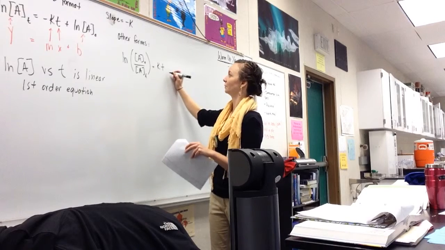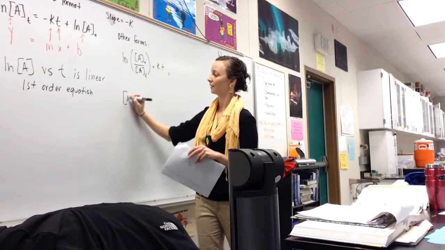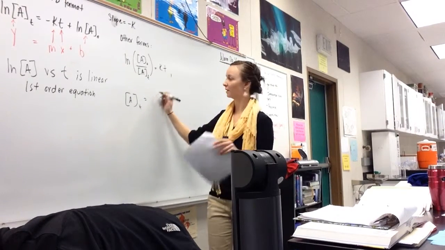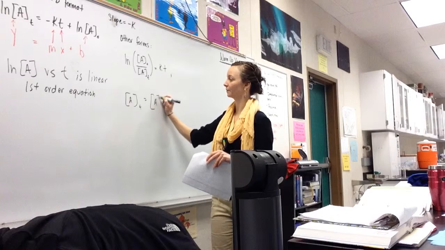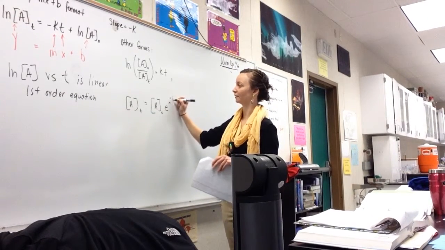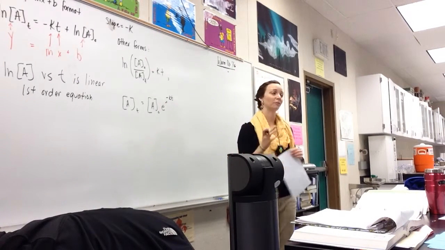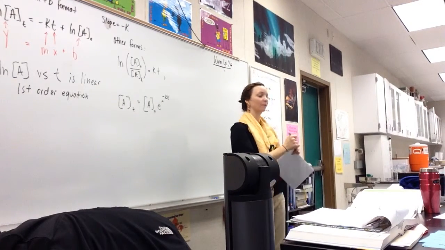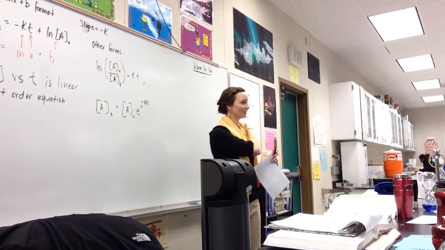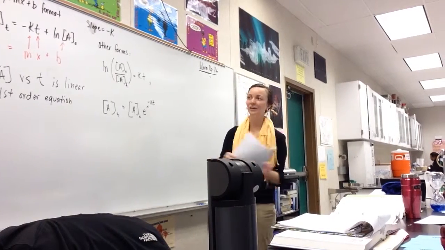And one other version that you might see is the concentration of A at a given time is equal to the initial concentration times e to the power of negative kt. So that's another way you can look at it. So if you're familiar with logarithms, these manipulations kind of look familiar, but if not, just memorize them. Okay? So there's that. Any questions so far?